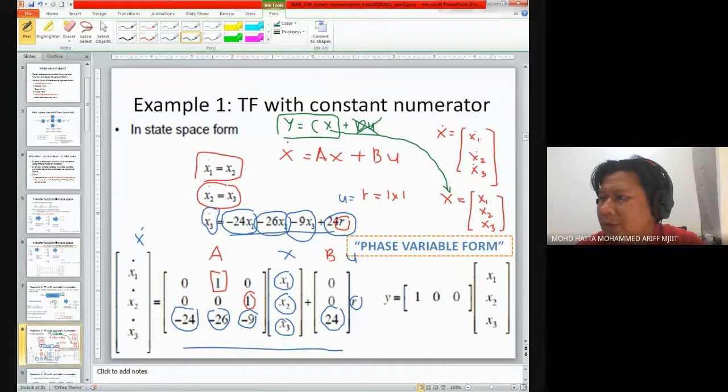We have x1, x2, and x3 arranged in a column. So the output that we would like to have is y equals C x, and we can put it as y equals x1. So that's why at the output equation, y equals x1 plus 0 x2 plus 0 x3. So we are done with our output equation at this stage.